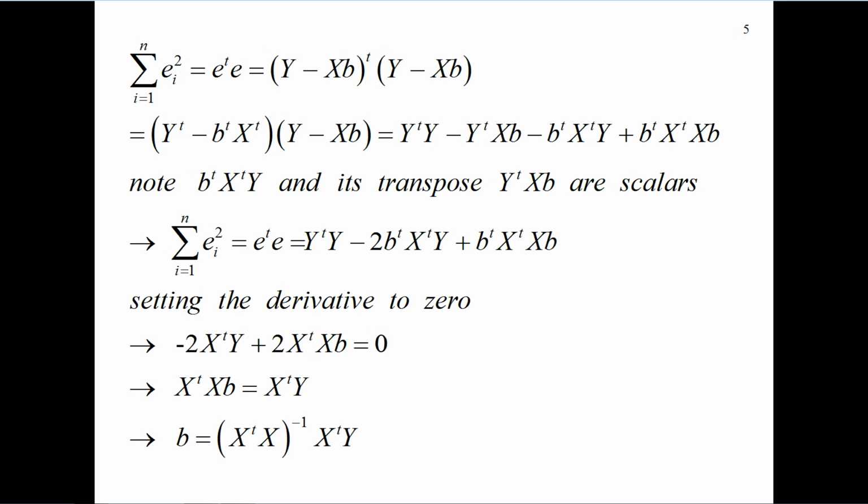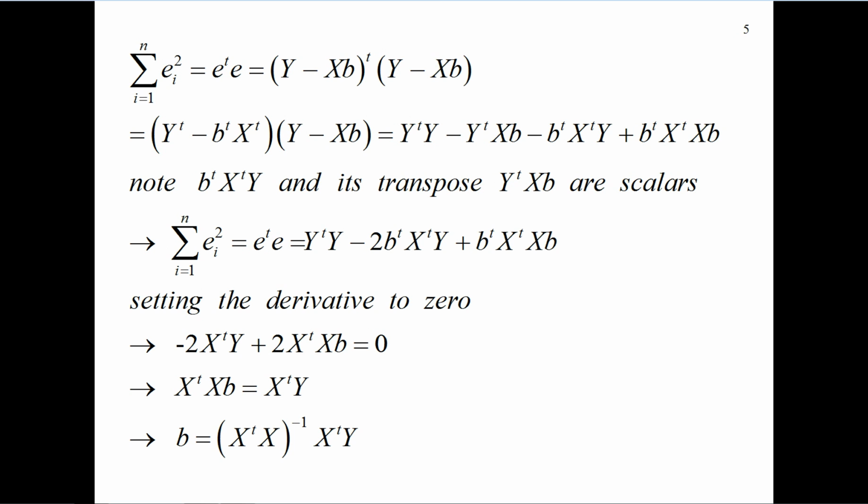Therefore, they're scalars, so they are indeed the same number. So we can combine those two things together, and we're left with the sum of the e_i squared. That is, the sum of the squared error can be written as y transpose y minus 2 b transpose x transpose y plus b transpose x transpose x times b.